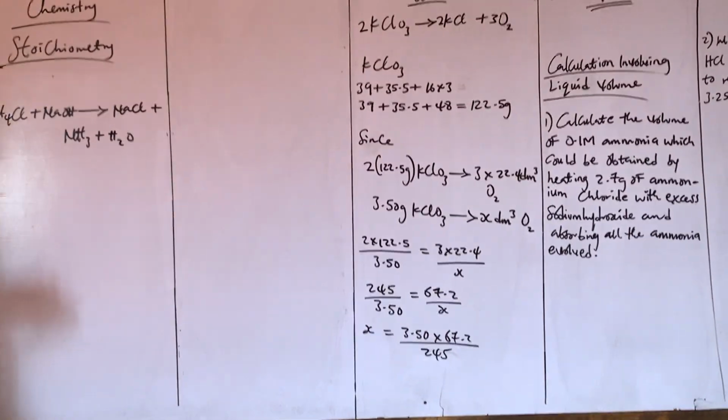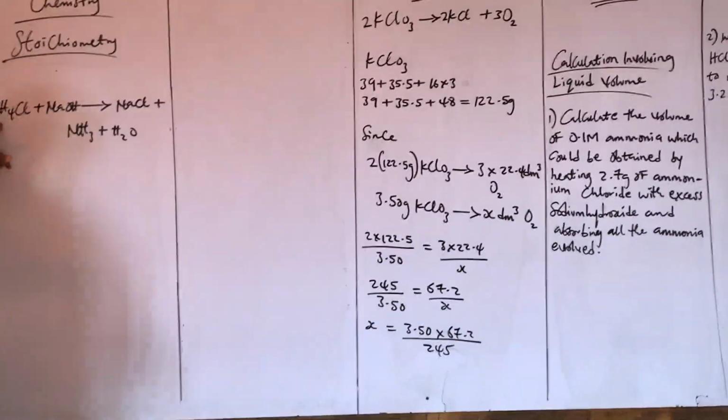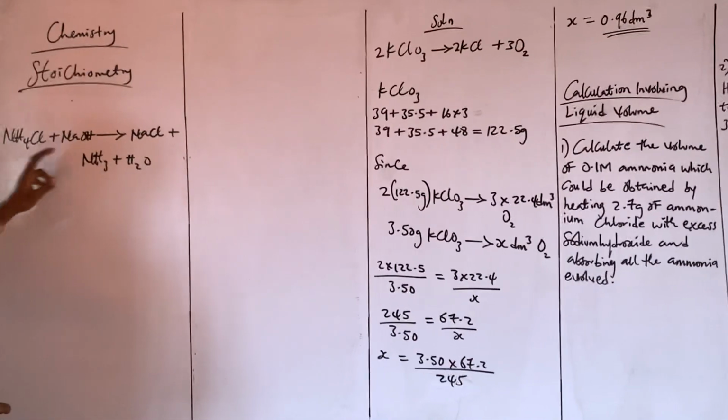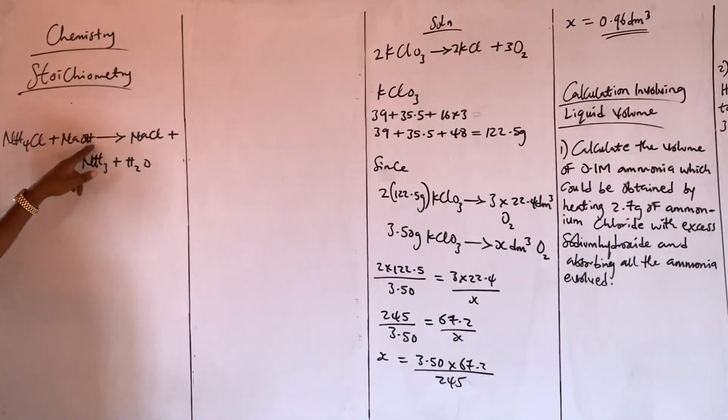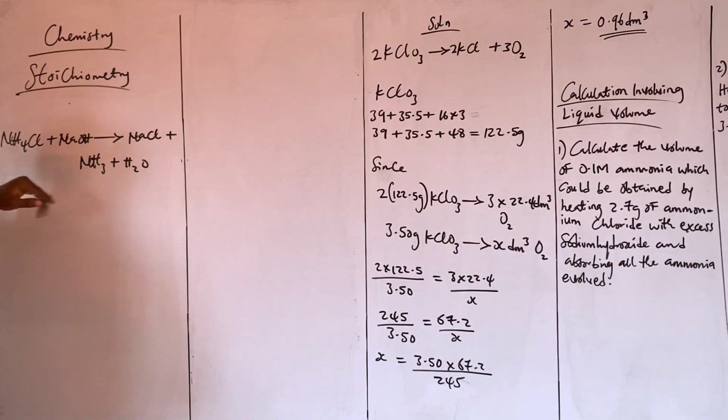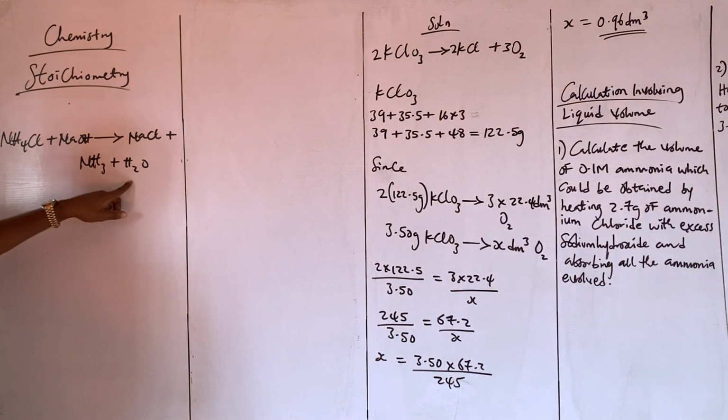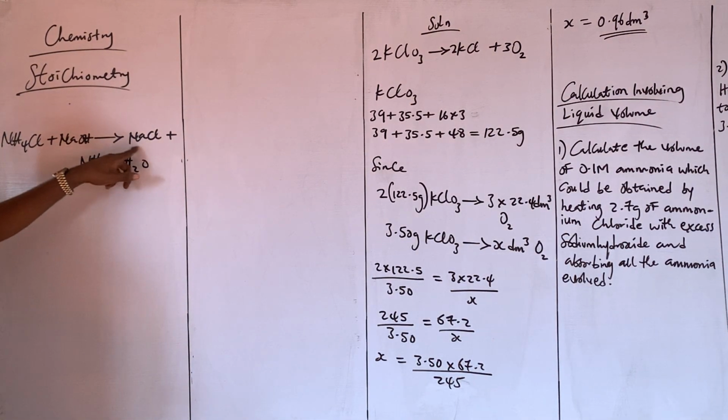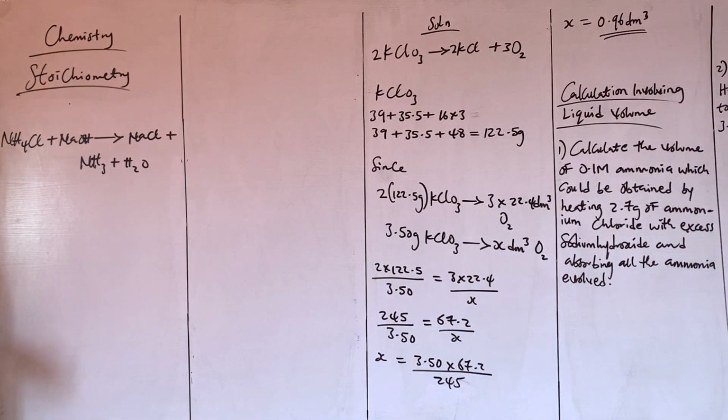It is balanced. Look up. How many hydrogen do we have here? 5, 4 plus 1, 5. Is that correct? Now, 3 plus 2 is 5. Sodium 1, chlorine 1. Do you understand now? Good.